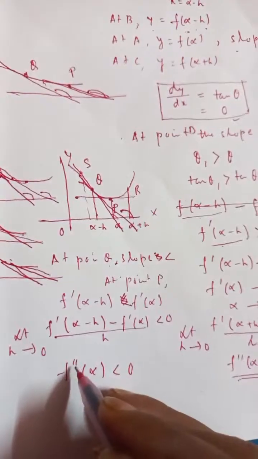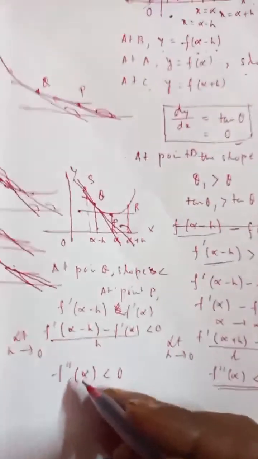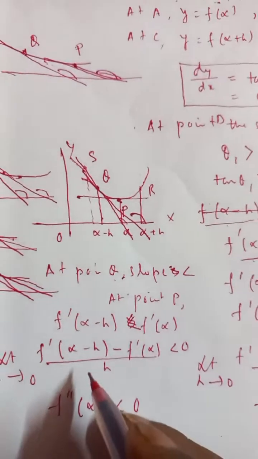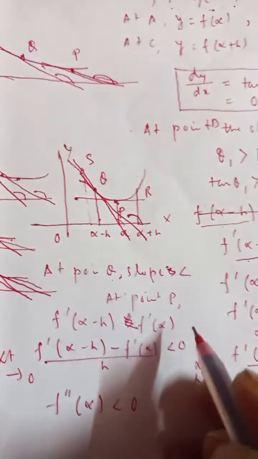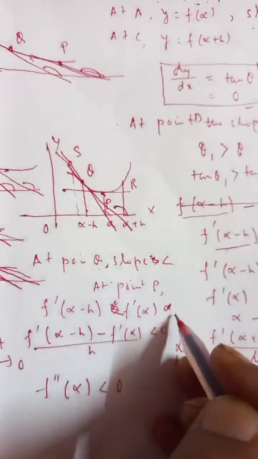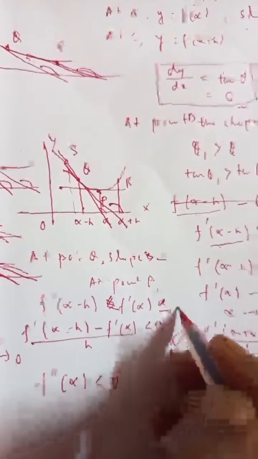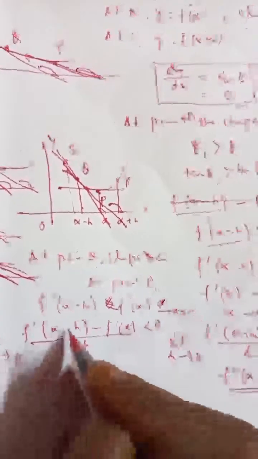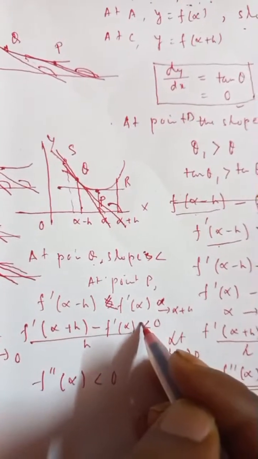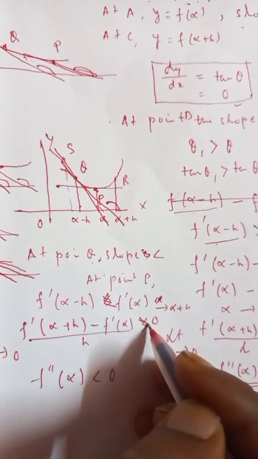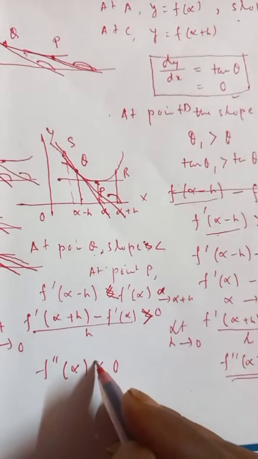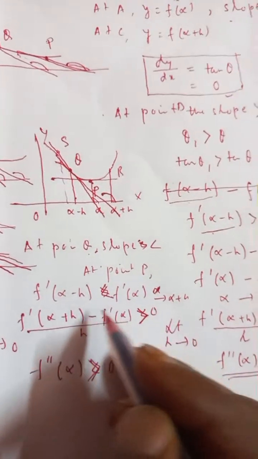Before taking this limit, we have to replace alpha minus h by alpha plus h, and the sign changes, so it will now be greater than 0.